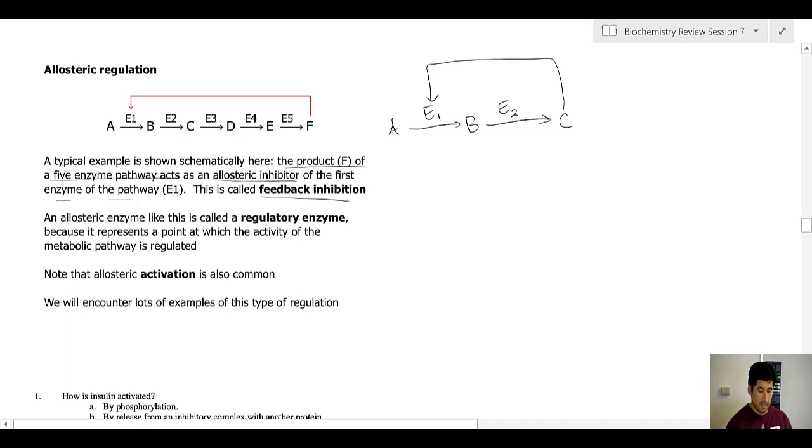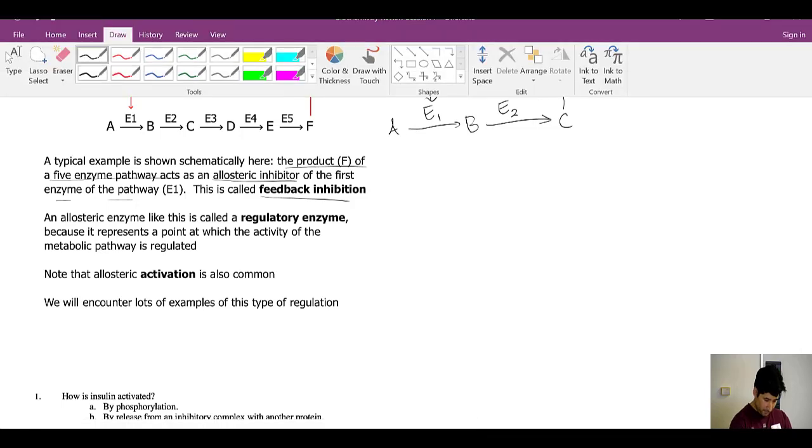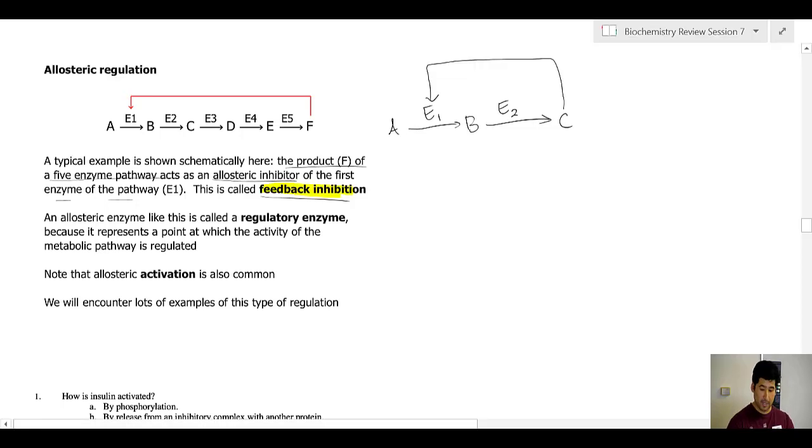A. And enzyme 1 takes substrate A and turns it into product B. Enzyme 2 takes substrate B and turns it into product C, and C is now inhibiting enzyme 1. So I have a lot of A and few of B and C. The accumulation of C is slowing down the activity of enzyme 1, and this is called feedback inhibition.